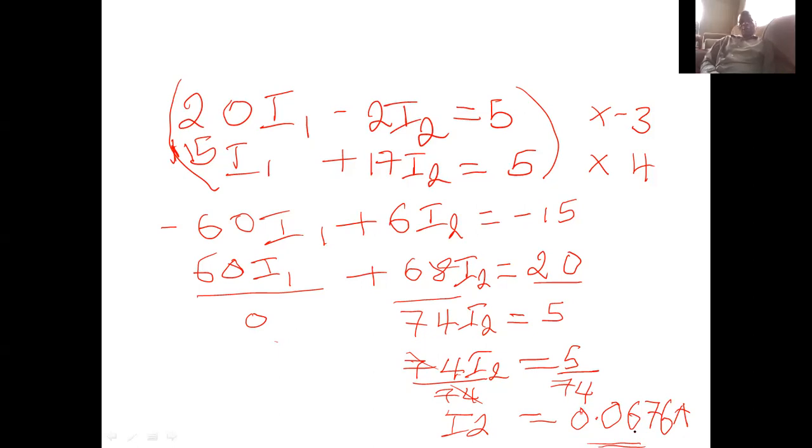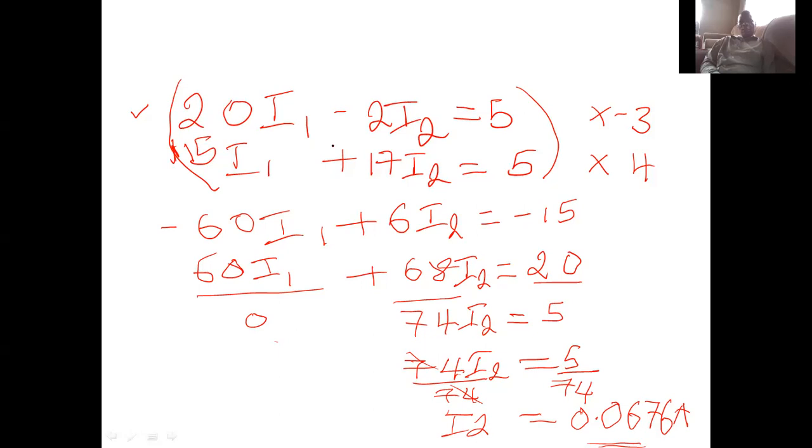And so for us to calculate the value of I1, we can substitute in one of these equations. For example, we can get equation number 1. We can get this equation, 20I1 minus 2I2 is equal to 5.